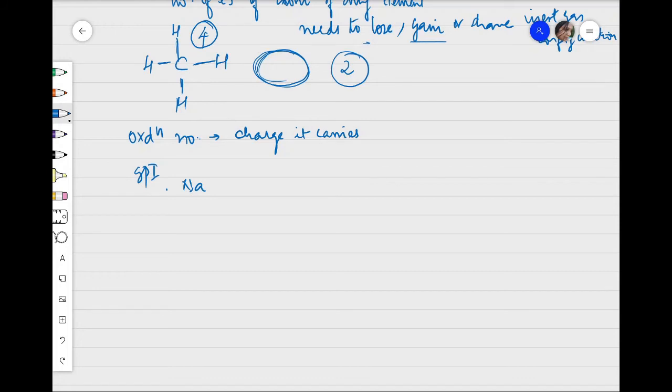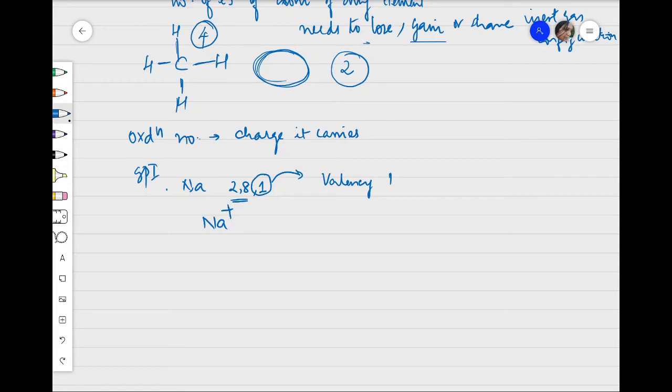Sodium, look, it is 2, 8, 1, so it has to lose this 1 electron to reach stable gas configuration. So valency in this case is 1. Now, when I say oxidation number, when sodium becomes Na+, it is losing 1 electron.